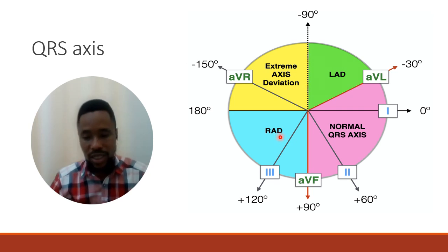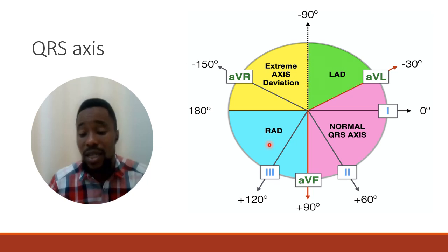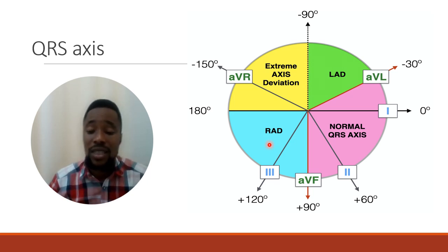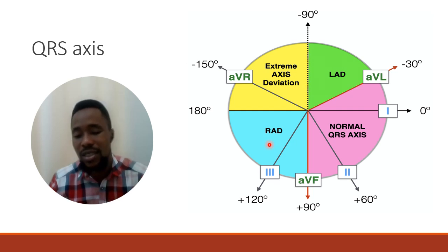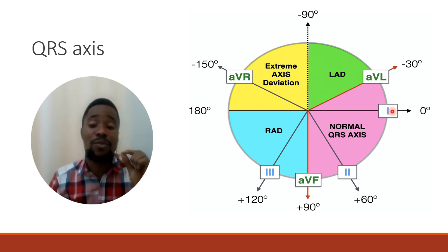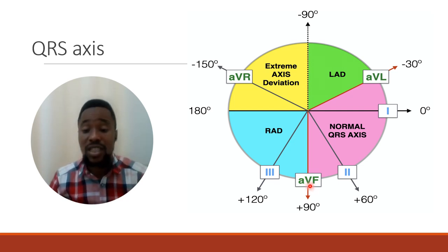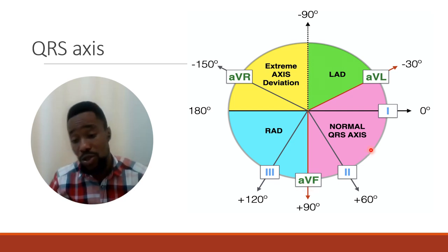How do you now calculate this? All you need to do is, if you have a biphasic QRS complex in any lead, or any lead in the limb leads that has a very small voltage of QRS complex, you pick that lead. So if I have a biphasic in lead 1, I'll be here. Let's say I have a biphasic in AVF, I'll be here. If it's a perfect biphasic, it means I'm going 90 degrees. If my lead 1 is positive, I'll be going towards lead 1.